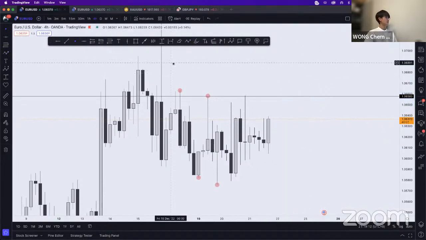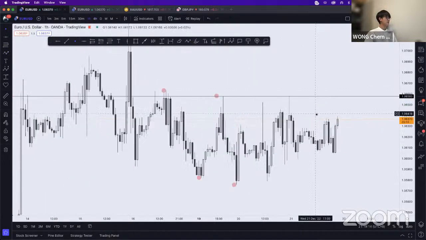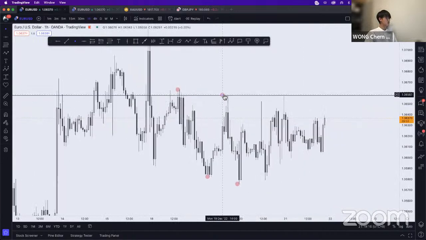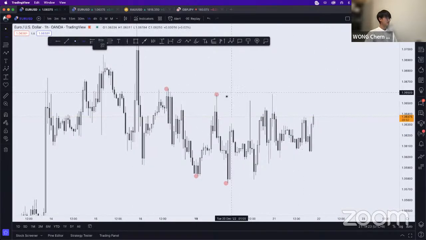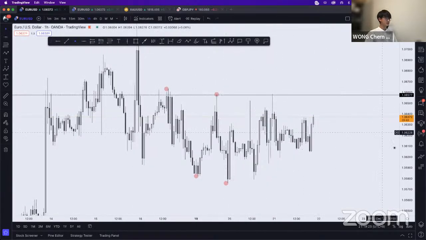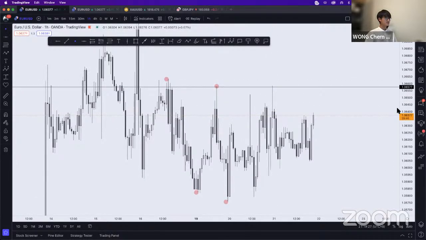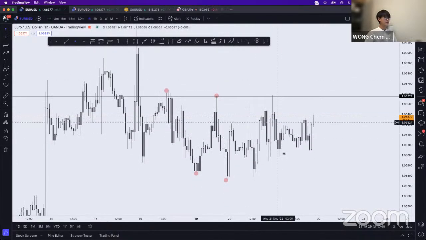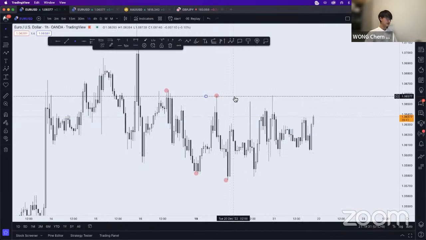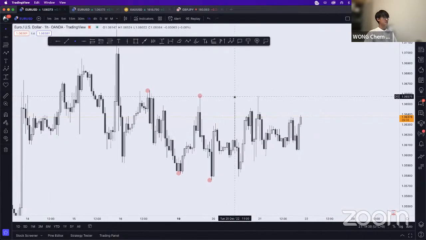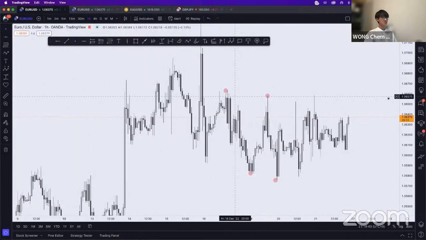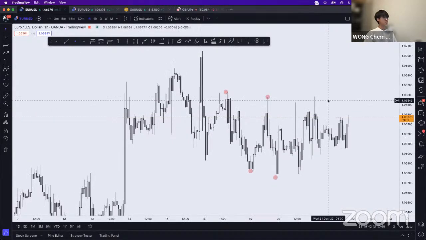If I go down to the 1 minute chart, we can see this much more clearly. We see the grab of liquidity over here, that tiny wick above, and price just went very bearish down. Today price has been ranging for the most part, so it would be ideal not to take any intraday or swing setups on EUR/USD.